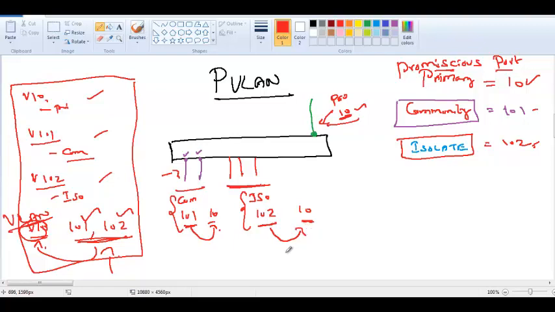So the community can talk to the primary VLAN, Promiscuous. Isolate can also talk to Promiscuous. I told you, isolate cannot talk between them, but it can talk to Promiscuous. Community can talk between the community members, and at the same time, they can also talk to Promiscuous. It's all because of this configuration.